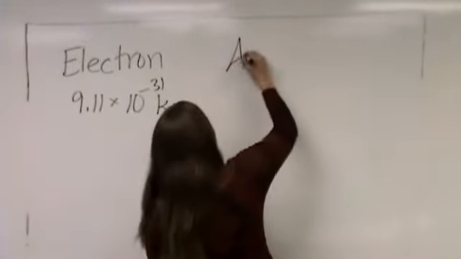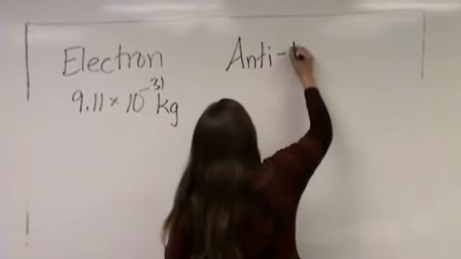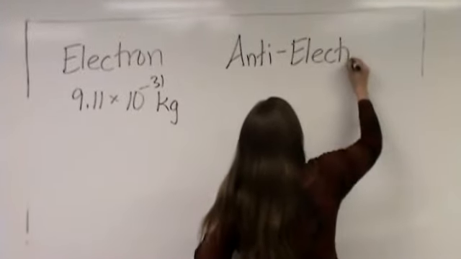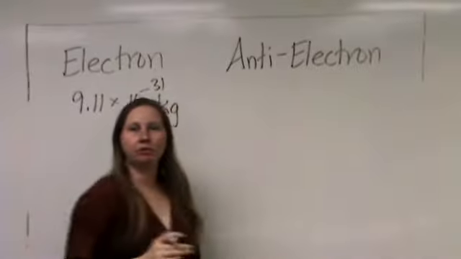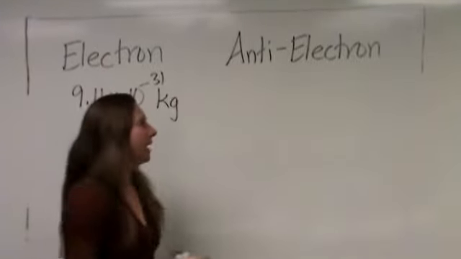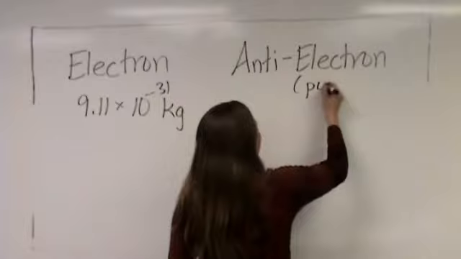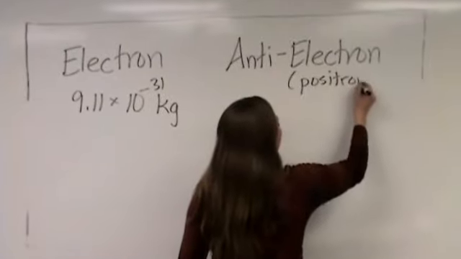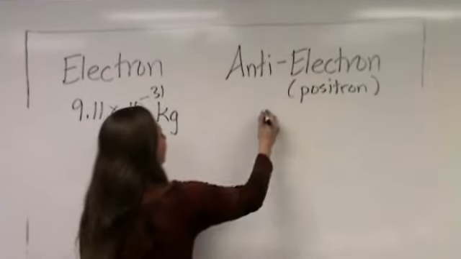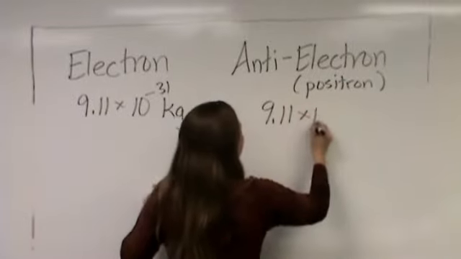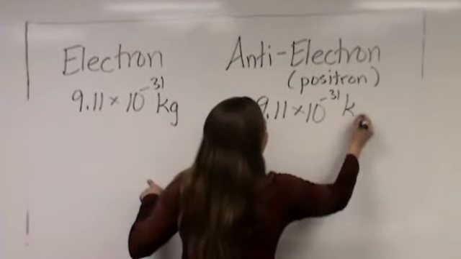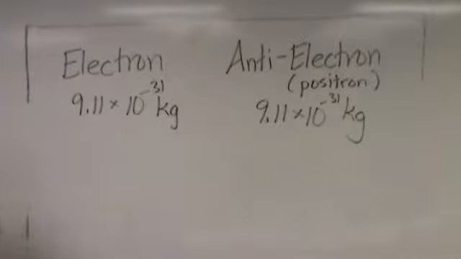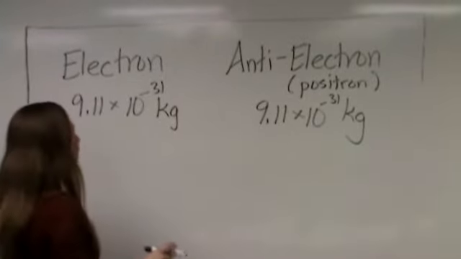Now the anti-electron has the same mass. The anti-electron also has a special name. The anti-electron is called a positron, and his mass is the same as the electron. That's the mass. Now what about the charge?